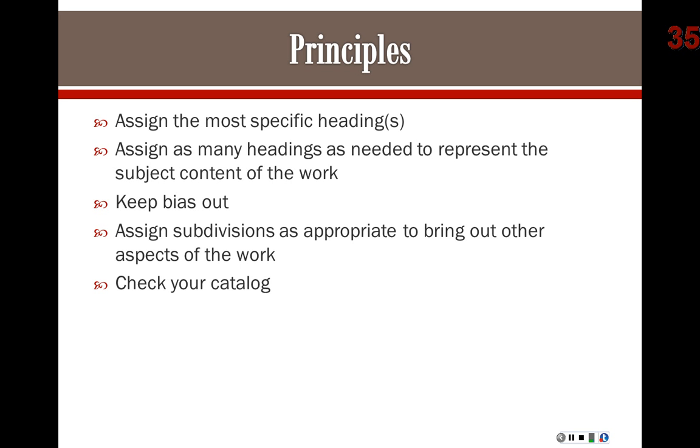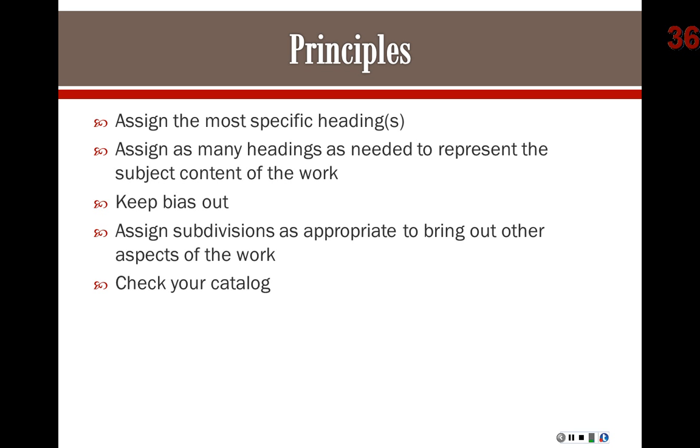Or say it was about a dance that originated in the 17th century, and it's talking about its origins and how it developed and the main principles involved in it. Then you're probably going to want a chronological subdivision for the 17th century to bring out that aspect of it.